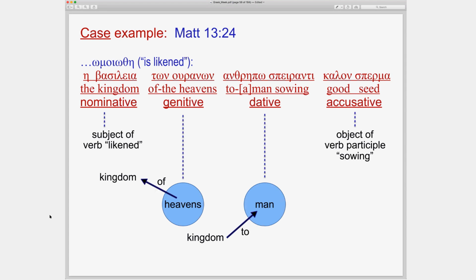So what is likened? The subject is the kingdom. That's the nominative case. The kingdom of the heavens.